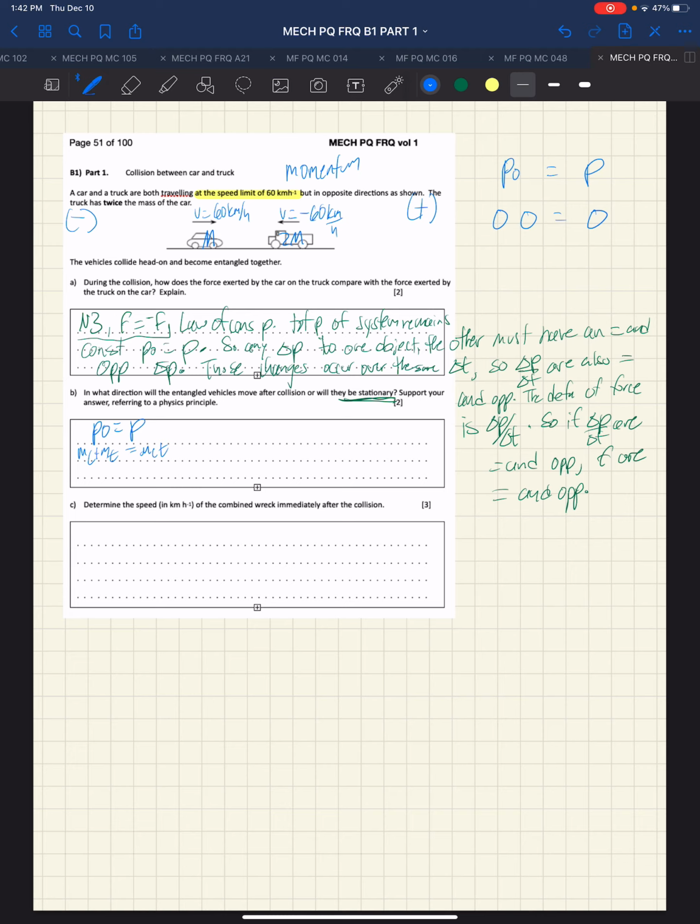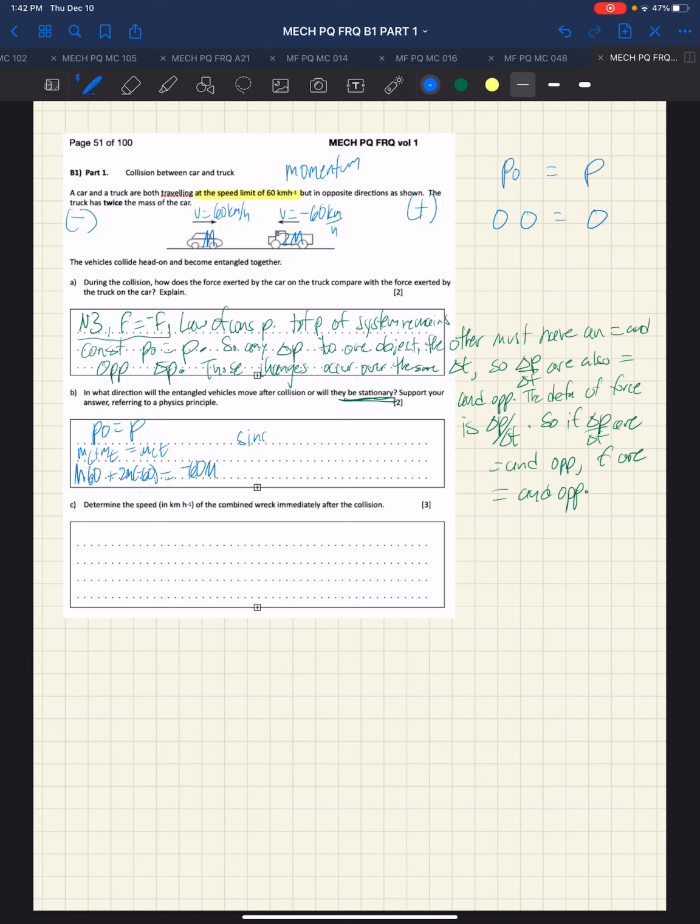So we've got an mv for the car, so m times 60, so 60m. And the momentum of the truck is 2m times minus 60. And what we find then is we have minus 120m plus 60m gives us minus 60m.